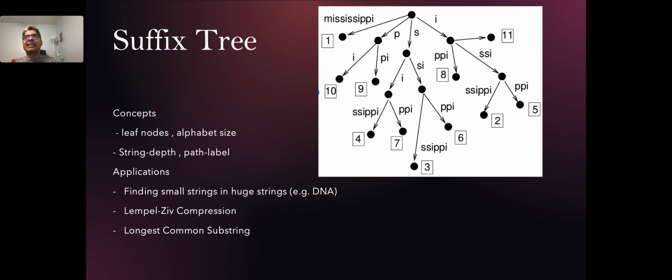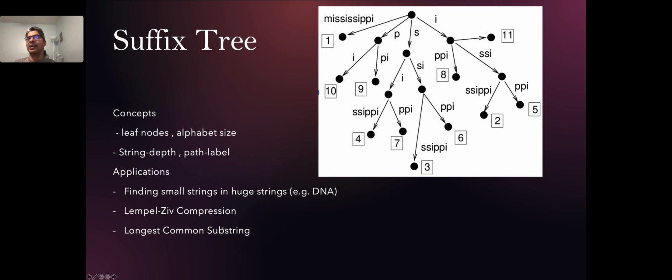As in English or in DNA, there's a lot of repetition of some sequences. It turns out that we can get a good compression using this method, and it's obvious that this is a good application because we can identify the sequence that we have already seen from this suffix tree.